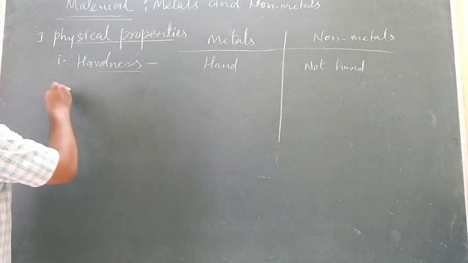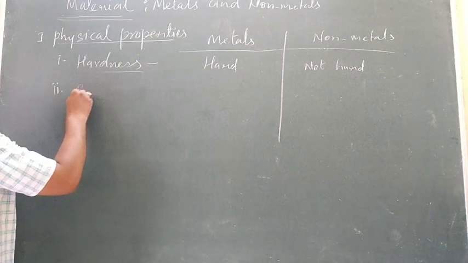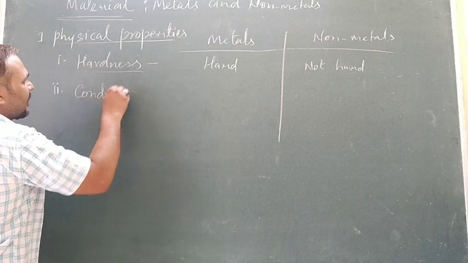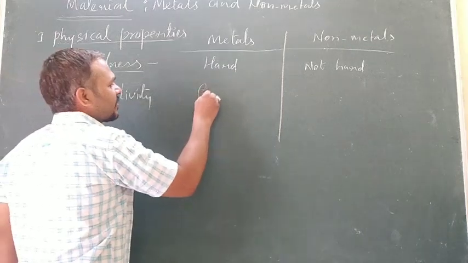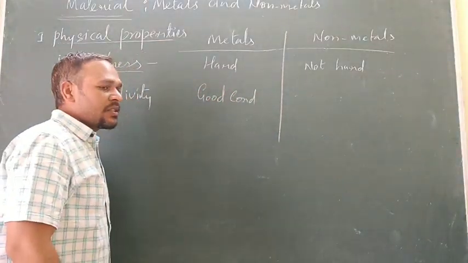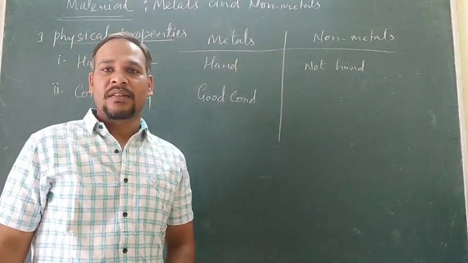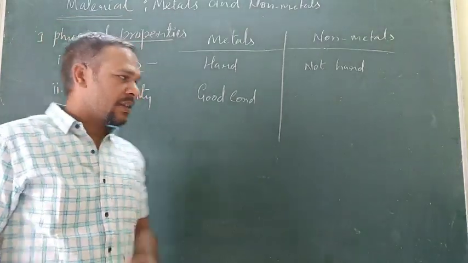The next property we are looking into is conductivity. Metals are good conductors of heat and electricity. That is why they are used as wires to conduct electricity.